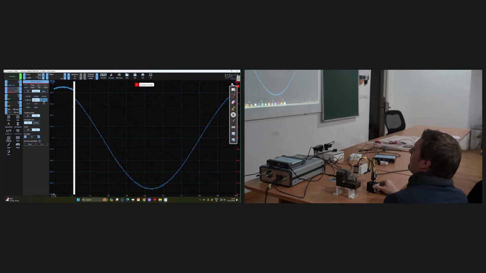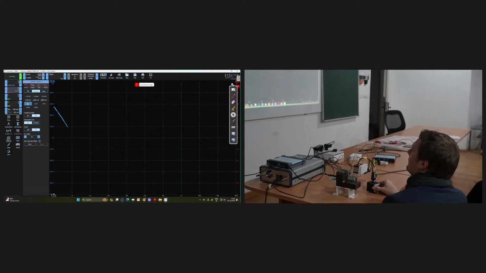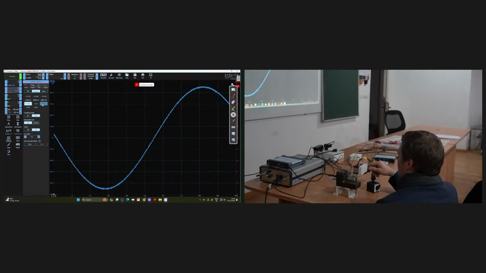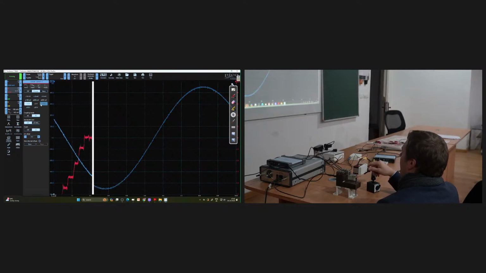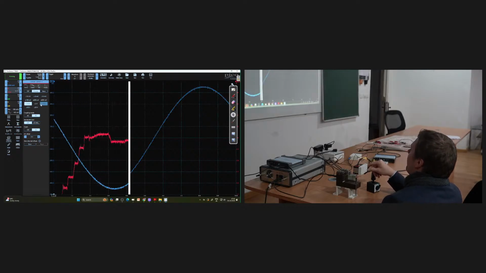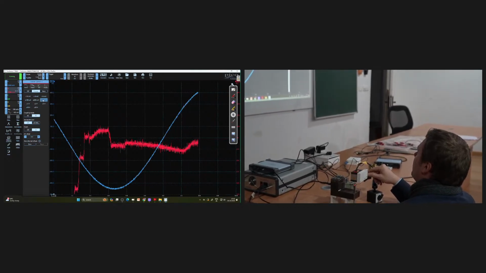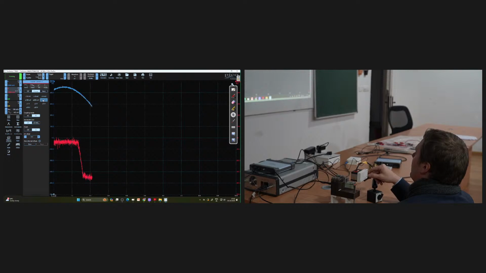Go to 1 plus minus 1. Okay. The issue is that the offset always changes with. Okay. And now go to plus minus 500. Mhm.